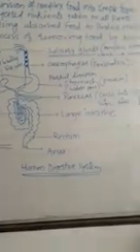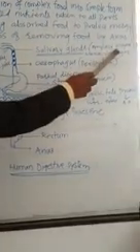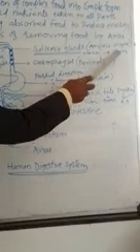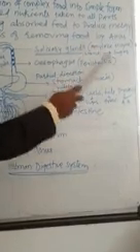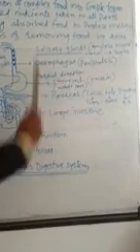Saliva, which is produced by salivary glands, mixes with that. There are so many glands. Salivary glands are present under the tongue, producing an enzyme called amylase. This amylase helps to convert starch into sugar.